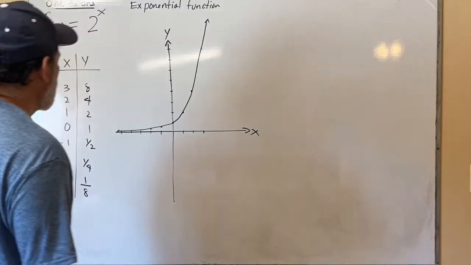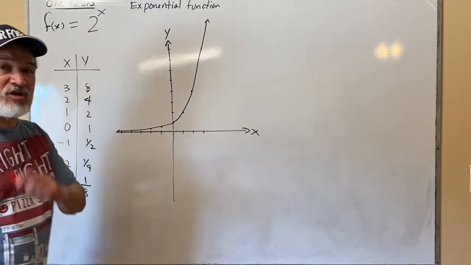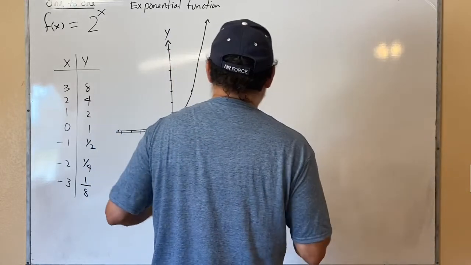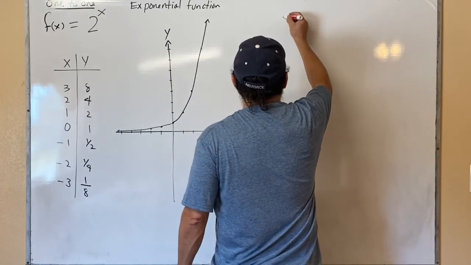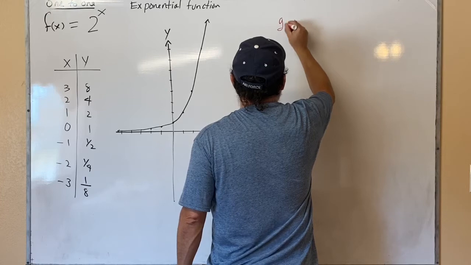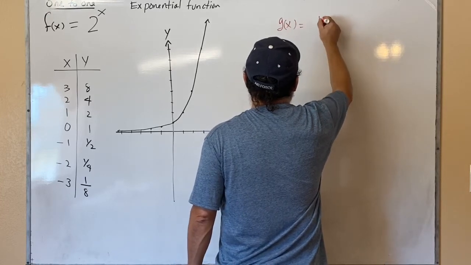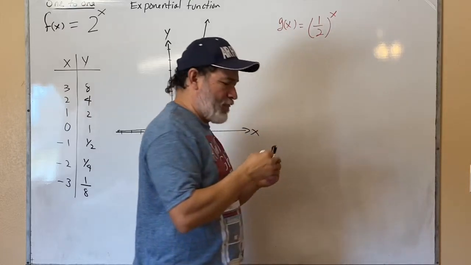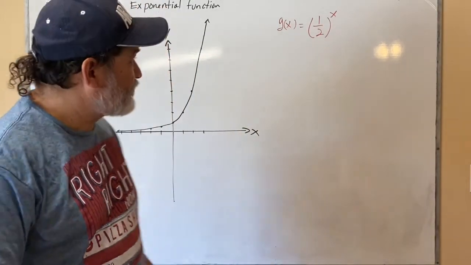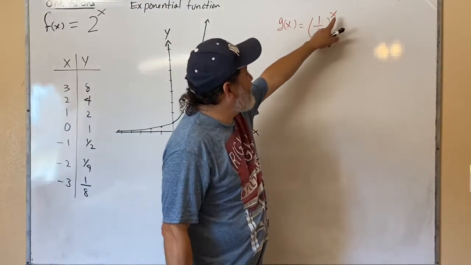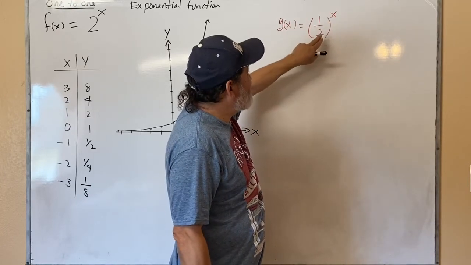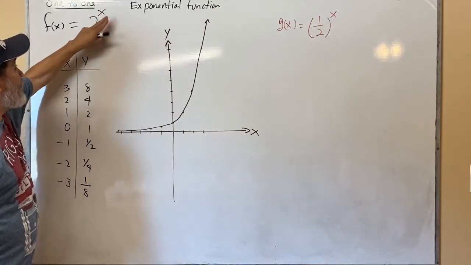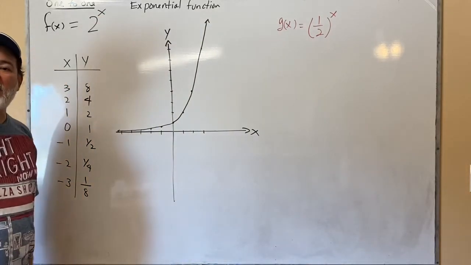Okay, let's do another one. And this one, let's do it in red. g of x equals half to the x. Once again, x is the power and the base is the constant.